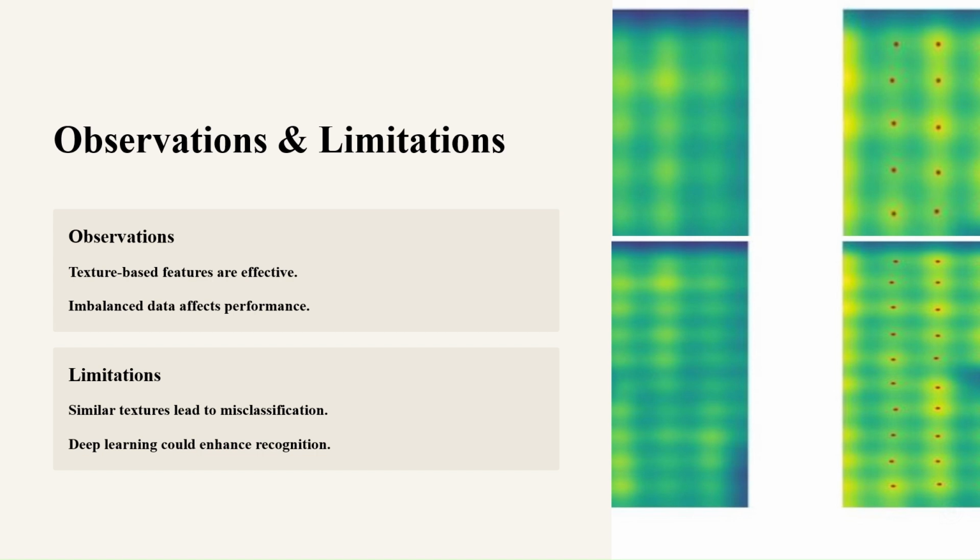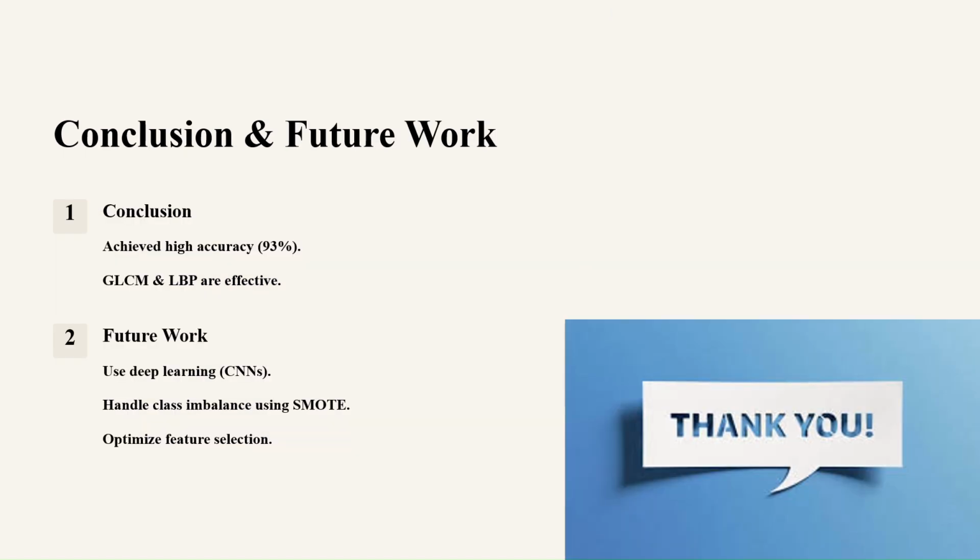Any publicly available dataset for this is either imbalanced or has very few images, so the accuracy somewhere goes wrong. Also, similar textures, like an oil spot and a hole, may at the corner be classified as the same thing. Deep learning models, perceptron models, could solve this issue.